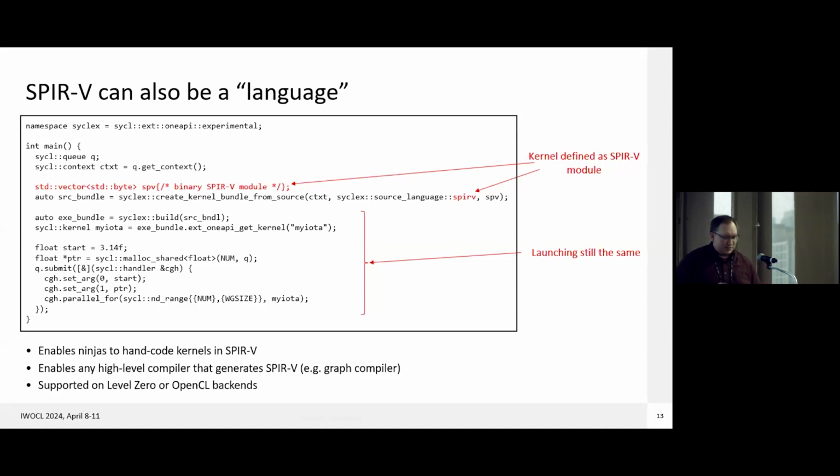We just say that SPIR-V can be a kernel source language and everything else works exactly the same. This is nice for a lot of reasons. It gives ninjas a way to hand code their kernels in SPIR-V. It makes it easier for DSL generators or other higher level languages. And the kernel bundles are finally complete, I'd say.